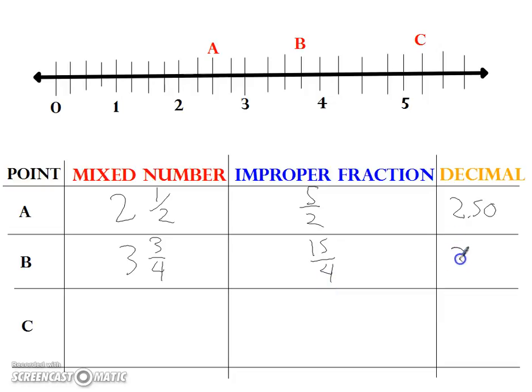And over here would be 3.75. C, past the 5, one line past the 5, that would be 5 1/4. Multiply it out, 20 plus 1 is 21/4. And that would be 5.25.